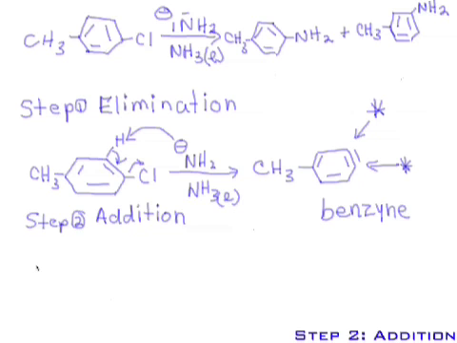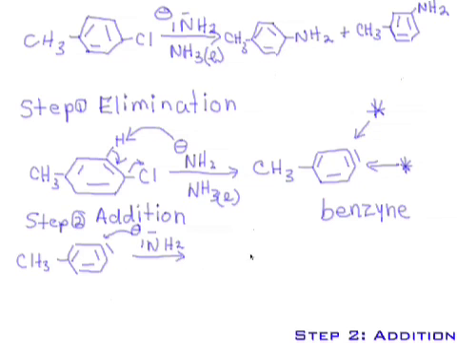We get the addition. So our methyl substituted benzyne gets attacked, and it can get attacked in one of two positions. So you can either have the NH2 minus add to the meta position, or it can add to the para.